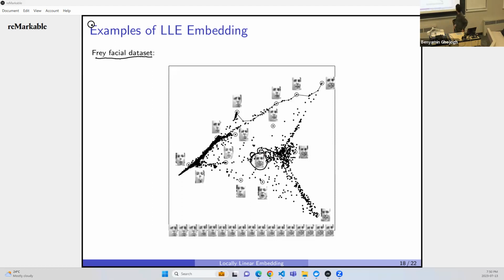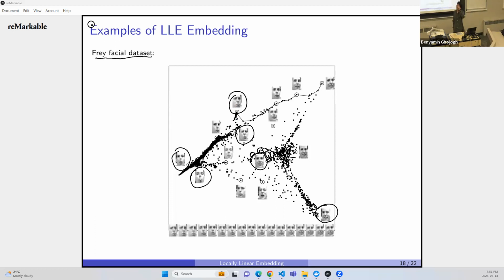Here his mouth is a bit open, so these points also have the mouth open. Here he's putting his tongue out, so this neighbor also is putting his tongue out. Here he's closing his eyes, and the neighbors also are almost closing their eyes. Interesting. So it has found the semantic relation of the data points.